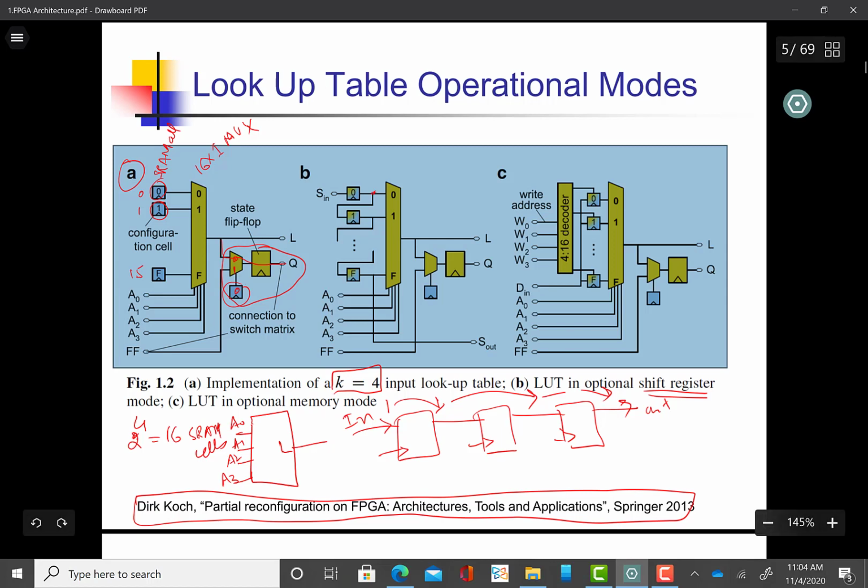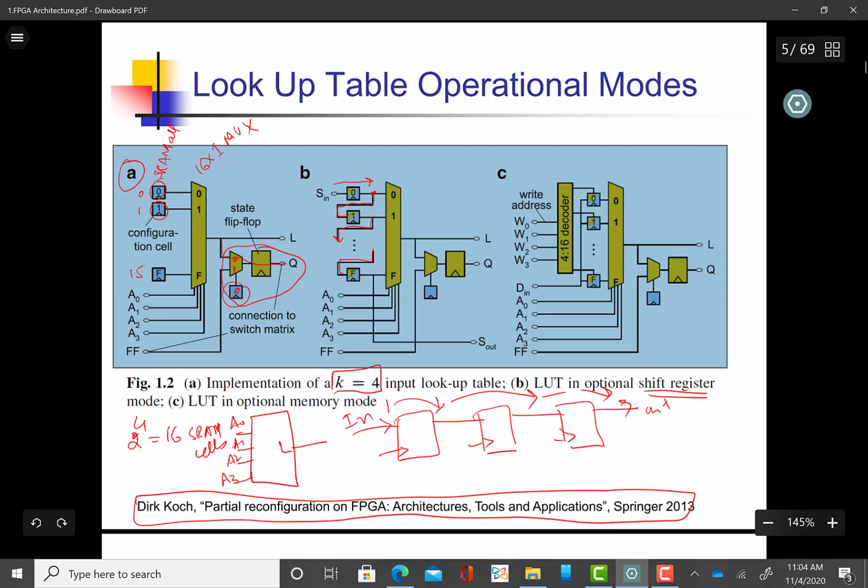So you just need to connect the output of one SRAM cell to the next one, and then the output of this SRAM cell to the next one, and then the output of this SRAM cell to the next one. And remember that all of these cells are clocked. So on every clock, if you put something in the first one, it will go here.